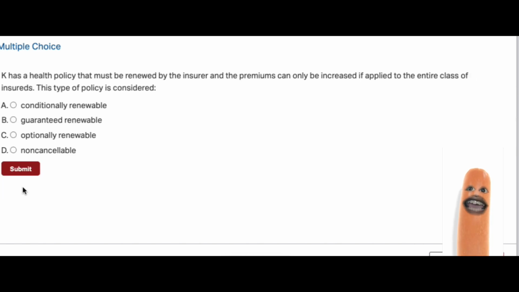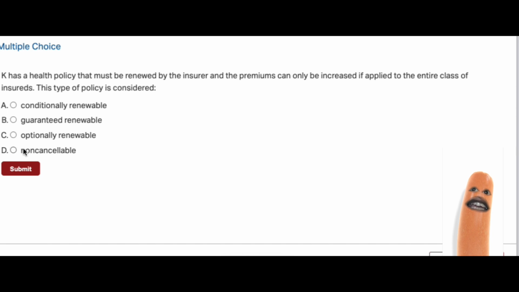K has a health policy that must be renewed by the insurer, and the premiums can only be increased if applied to the entire class of insured. This type of policy is considered A, conditionally renewable. B, guaranteed renewable. C, optionally renewable. Or D, non-cancelable.